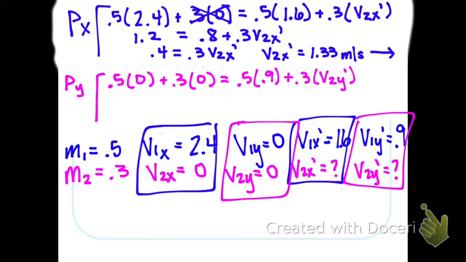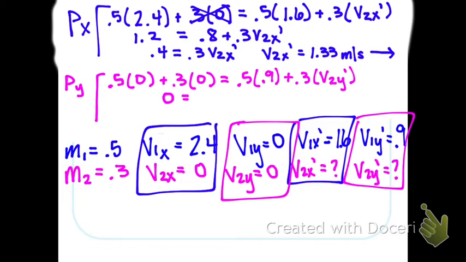Are we feeling pretty good about the variables themselves? V2Y prime, we know what those mean. All right, good. So the whole left side of my equation was 0 because at the beginning, vertically, or north-south, nothing is happening.